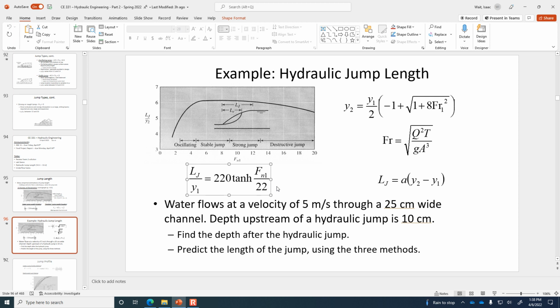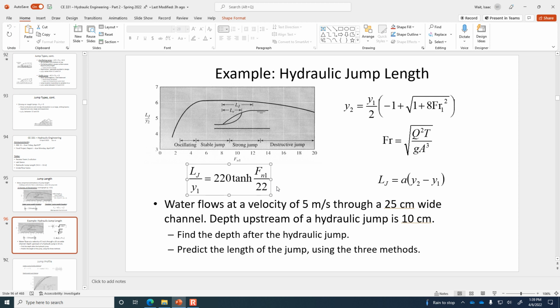All right. So let's take a look at what are the substitutions we need to do into this formula. So the first method suggested that the length of the jump may be 4.06 meters. Okay, so this next technique says that the jump length, L_j, is y1, so 0.10 meters, multiplied by 220 times tanh of 5.05 divided by 22.